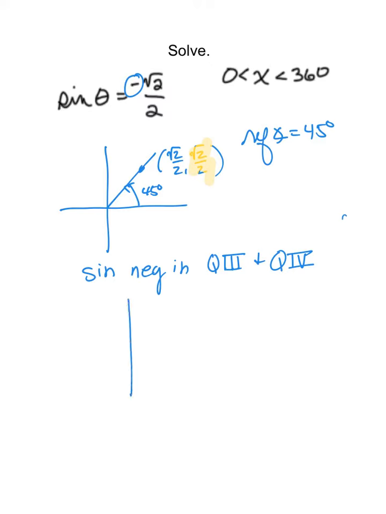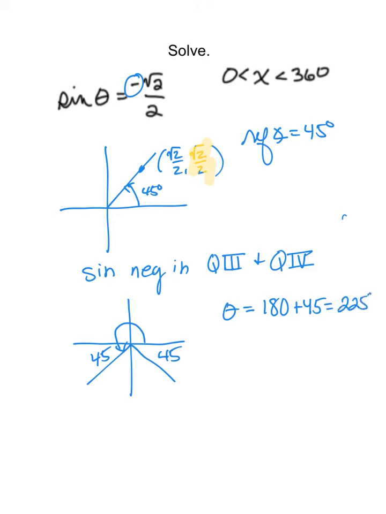So looking at quadrants 3 and 4, I have a solution there with reference angle 45, a solution here with reference angle 45 as well. So my first solution is theta equals 180 plus 45, which is 225 degrees.